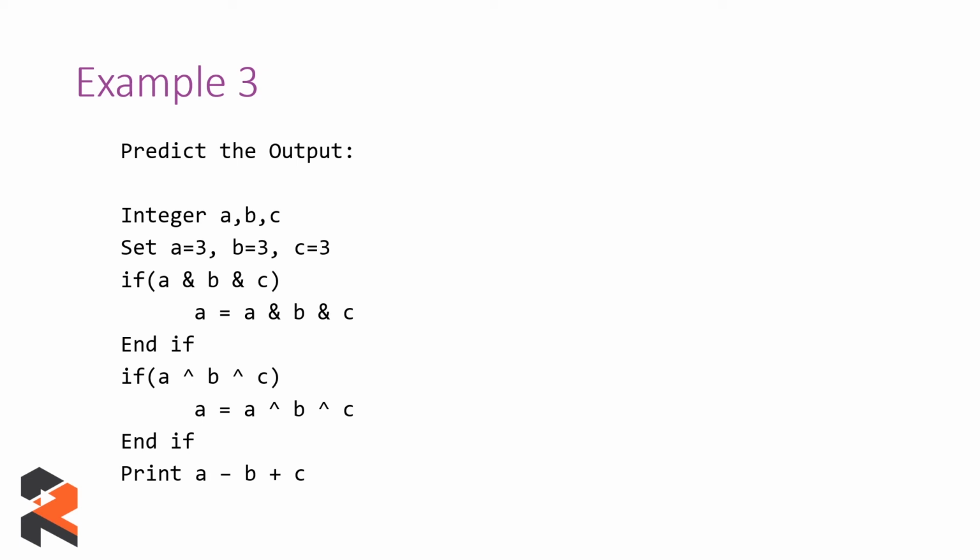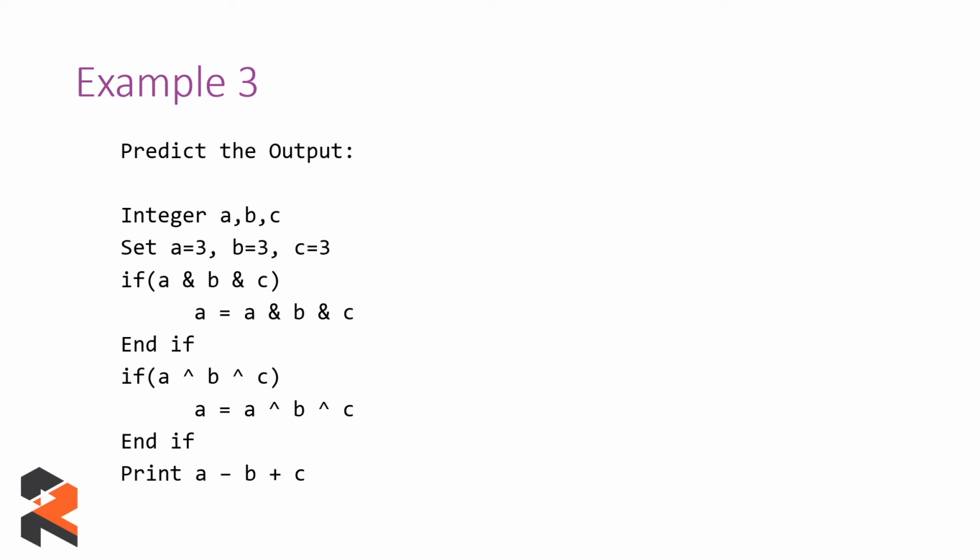So we enter into the if block and then we evaluate our answer, which means that the variable A will store the value which has been evaluated in the if block, because the equation which is provided in the if block is the same. So your variable A is storing the value 3.